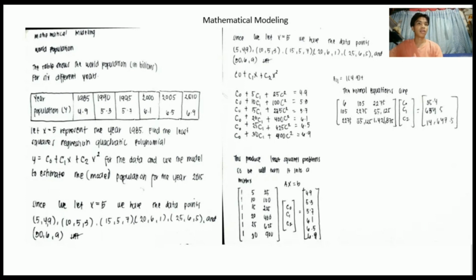We need to get the normal equations. From the presentation or the solution above, we identify the least squares problem. After that, we will multiply all the data that we got after multiplying the normal equations by our b, which is the 4.9, 5.3, 5.7, 6.1, 6.5, and 6.9 given, which is our population.